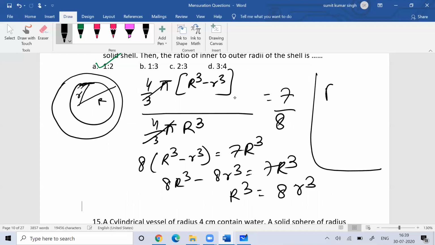So the ratio of inner to outer radius, inner to outer means small r to capital R. So small r cube to capital R cube, the ratio is 1 by 8. So small r to capital R is equal to 1 by 2.